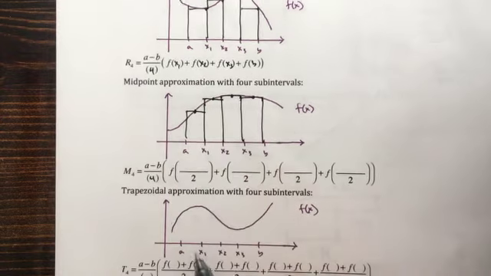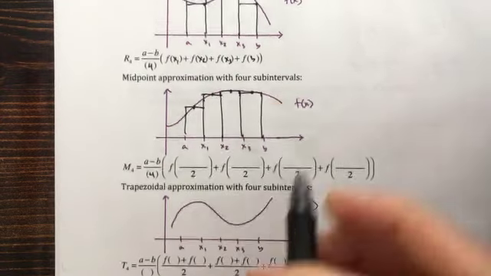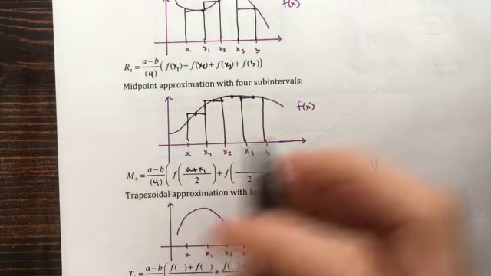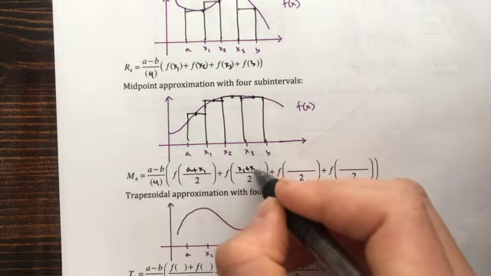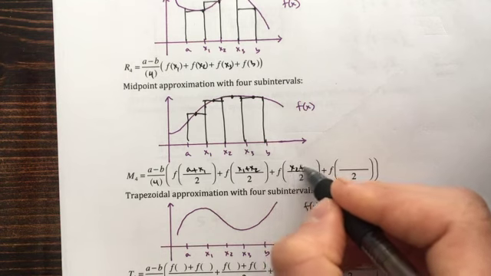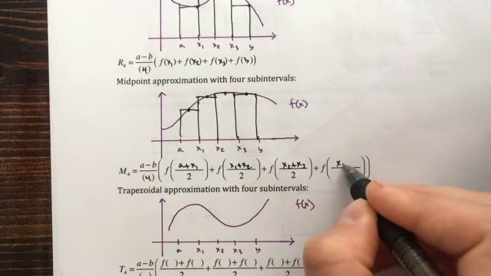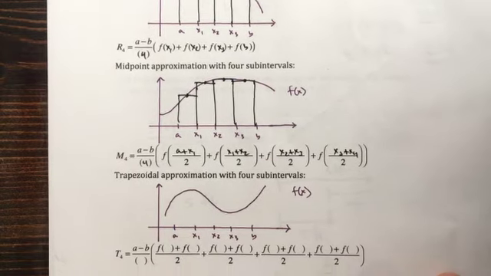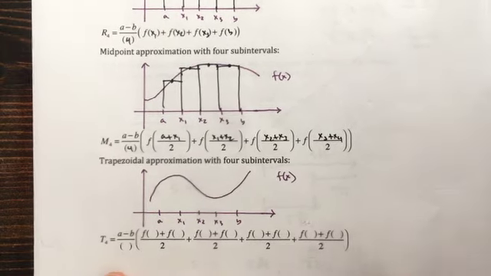So this averages the x values, this averages the y values. So we're going to do a plus x sub 1 divided by 2, right, and plug that into the function, then x sub 1 plus x sub 2, then x sub 2 plus x sub 3, then x sub 3 plus x sub 4. So we're averaging the x values and then plugging them into the function.